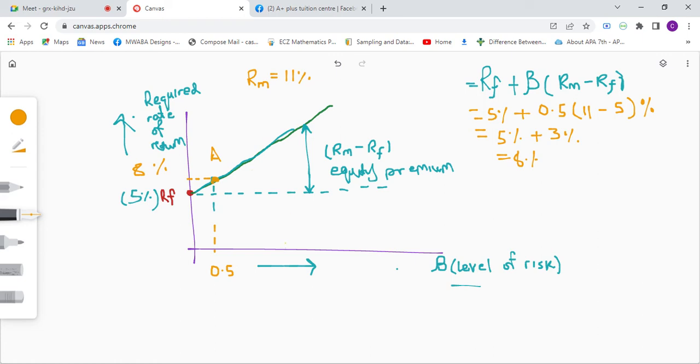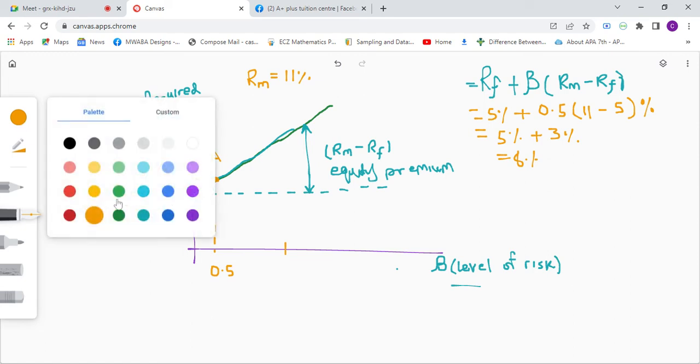Okay, let's see if the beta is, let's say, let's give the investment a beta of 2. Okay, we give it a beta of 2.